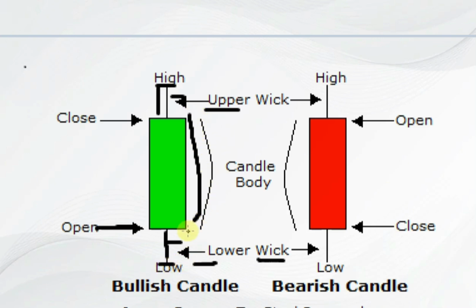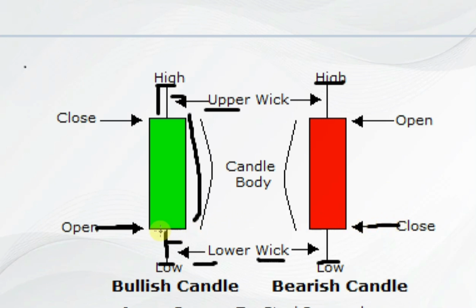The bigger the body of the candle, the more strength it has, the stronger it is. The smaller the body, the weaker the candle is. This is a bullish candle and this is a bearish candle. This was the highest point price came to for this bearish candle, and this was the lowest point it got to, and this was the close price.